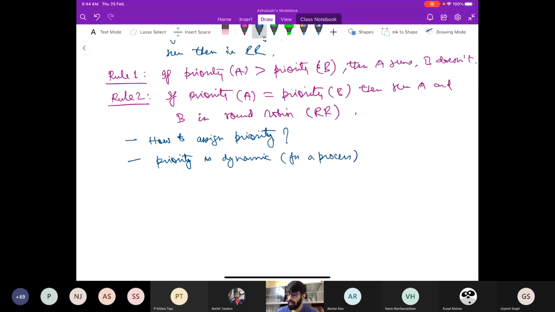This depends on the observed behavior. Depending on the observed behavior, the scheduling algorithm, MLFQ, varies the priority level of the job. And generally, what is the thumb rule?